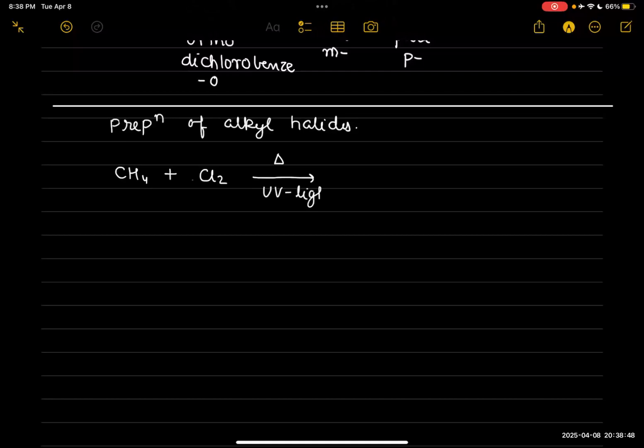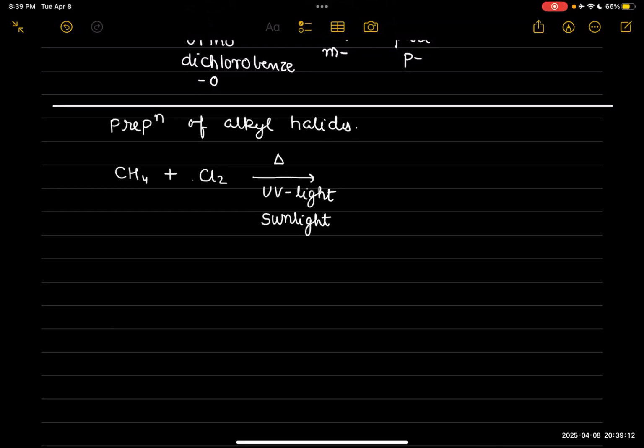and it can break the bonds. Sometimes they write it like this also, sunlight. Is that clear? Because you need to break the bond.